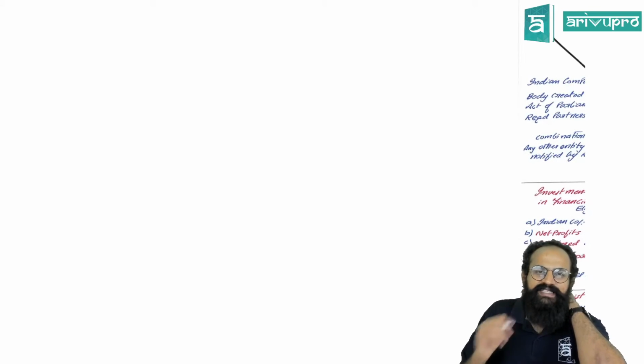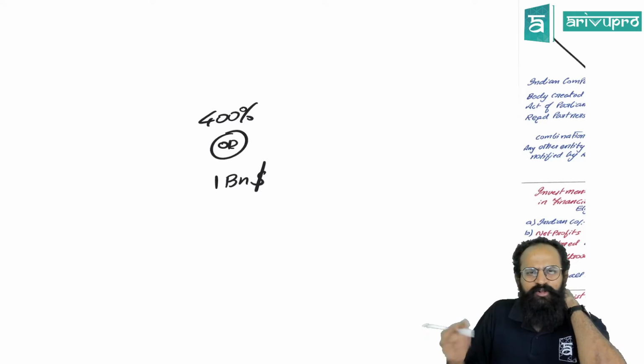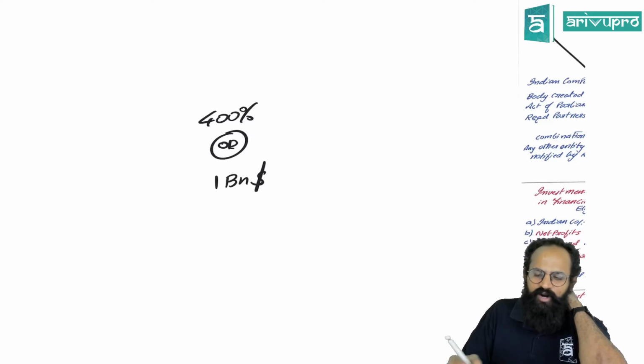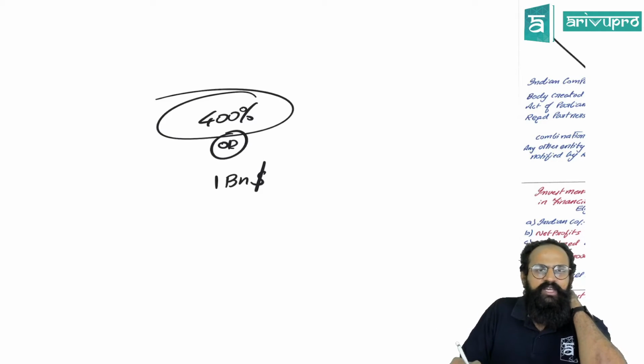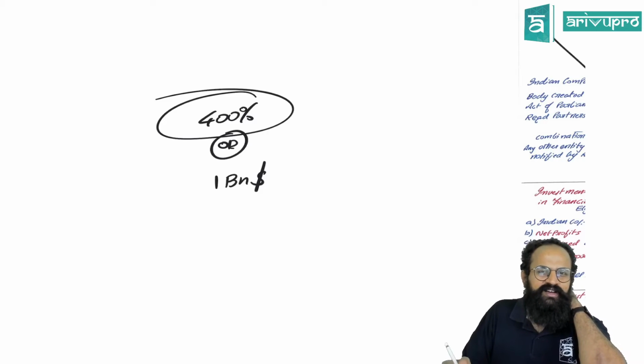The maximum a company can invest, people, is 400% of your net worth or $1 billion. Earlier also this was there. Now what they are telling you, people, whatever is the net worth of the company, you can invest up to 400%. This 400% will again come in the later part, where they will tell you the maximum investments you can make.